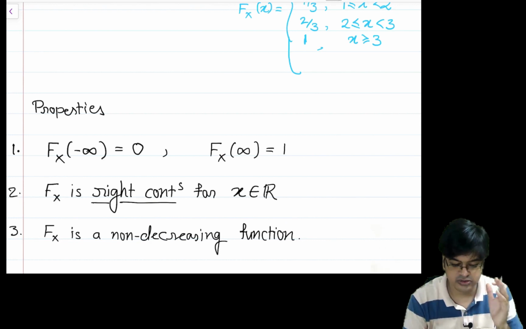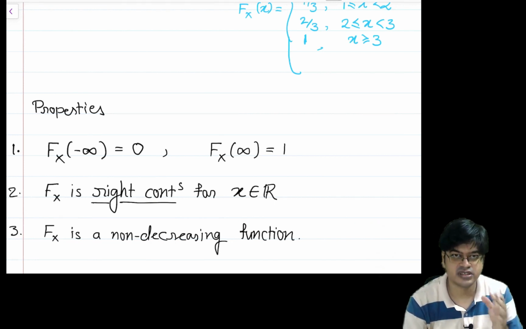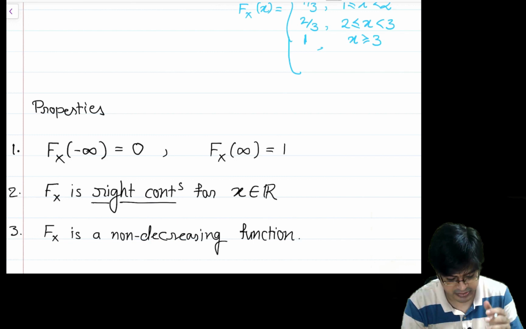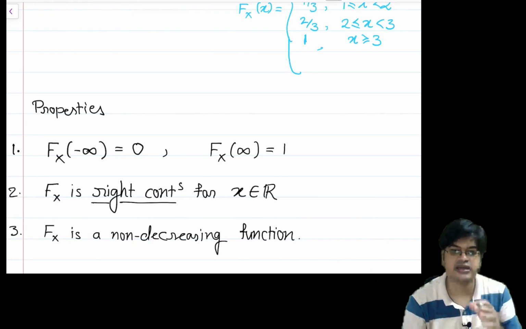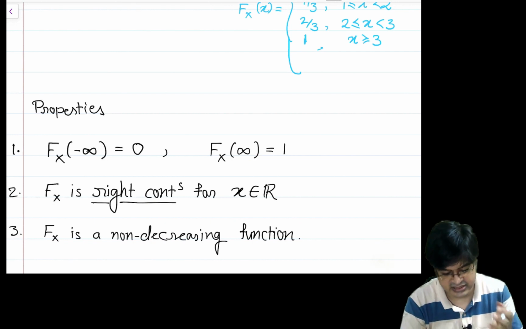Now you can actually prove that if all these three properties are satisfied by any function which is given to you, then there exists a random variable X which has this CDF.